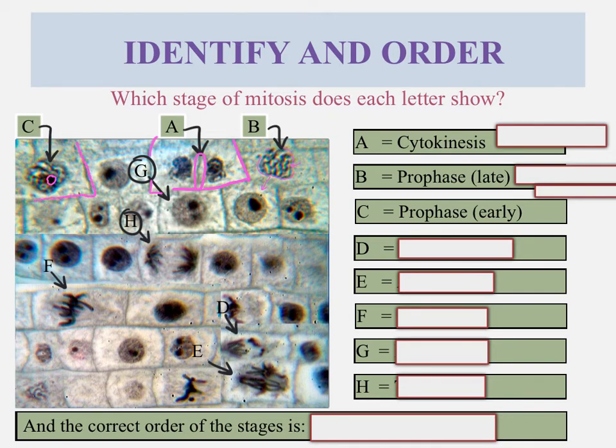Our nucleus, the nuclear envelope is still there. The chromosomes are starting to become visible, but the nucleolus, that really dense part in the nucleus, is still visible.